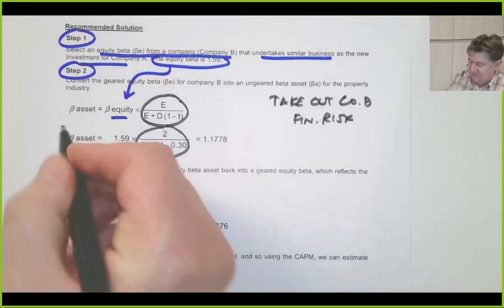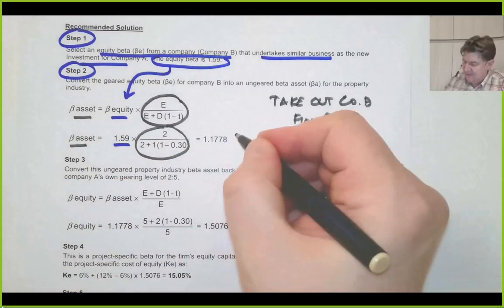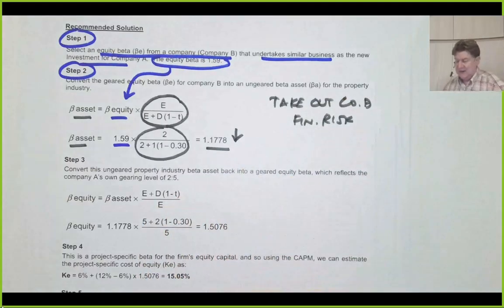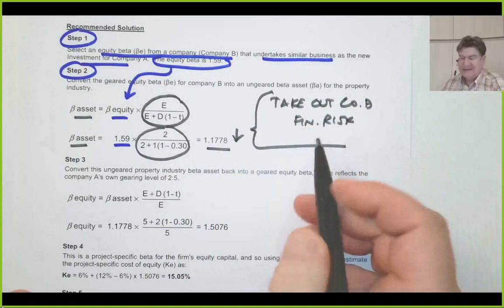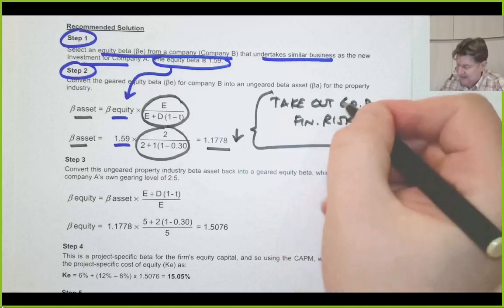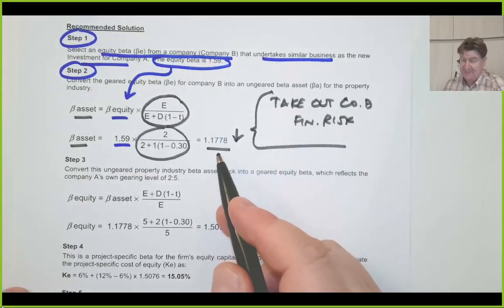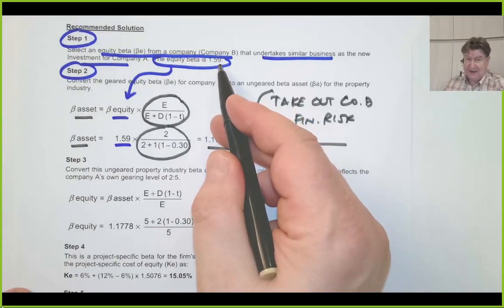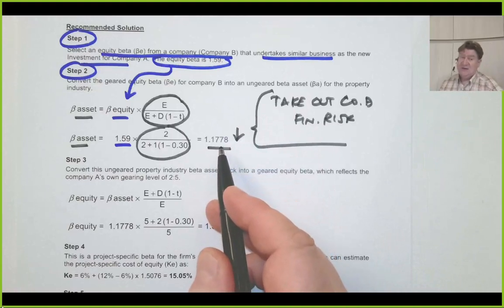When we calculate this beta asset, it goes down, and that's what should happen, because we've just taken out company B's financial risk. So we have no debt. That would be the beta that we'd be using just here, and it is lower because we've taken out company B's financial risk.